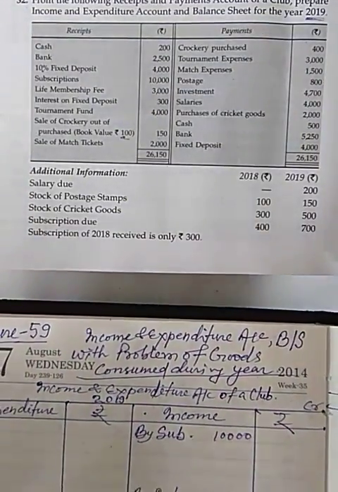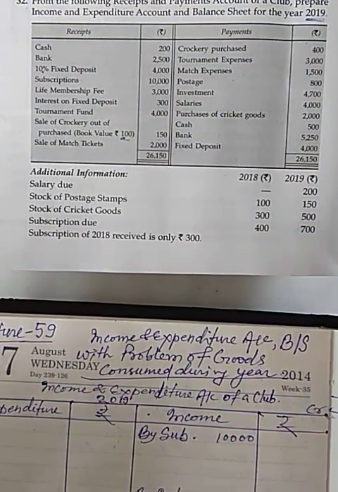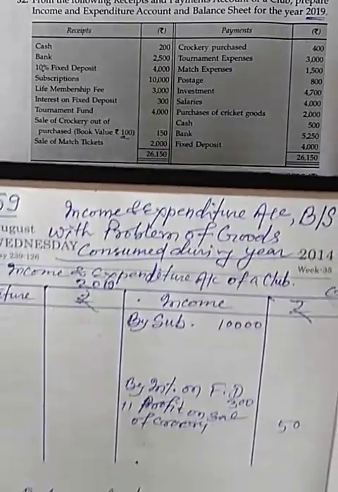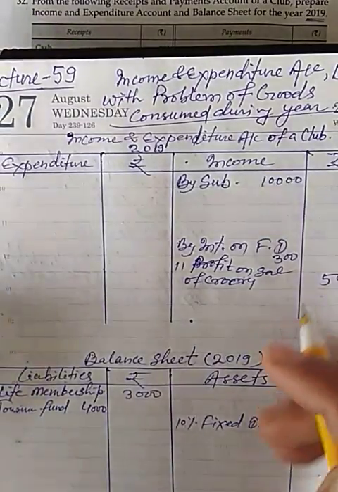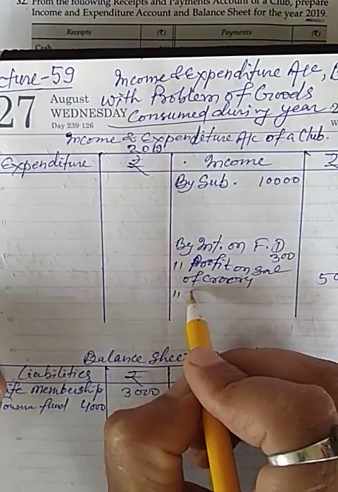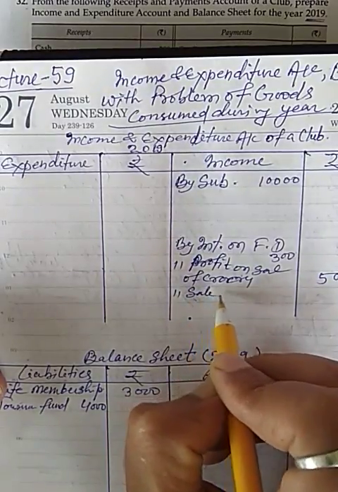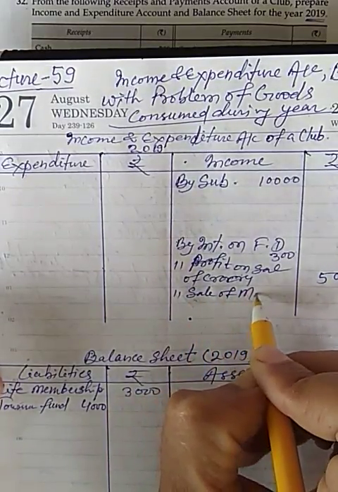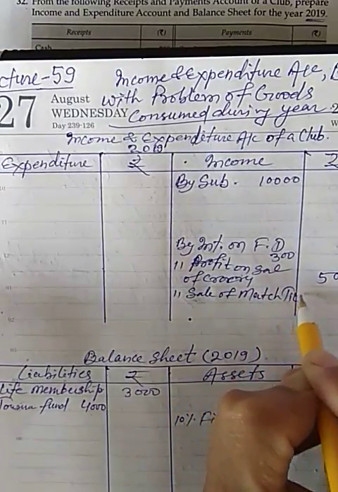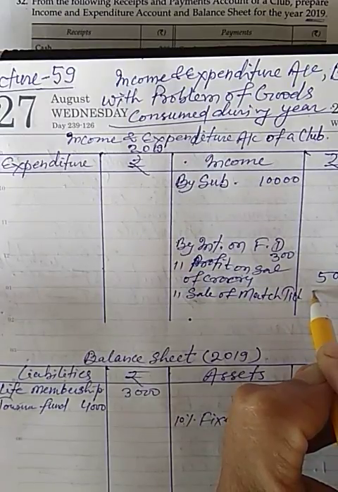Now sale of match ticket is also given 2,000, so it will be our income, and I will write in income side. Sale of match ticket is given 2,000.